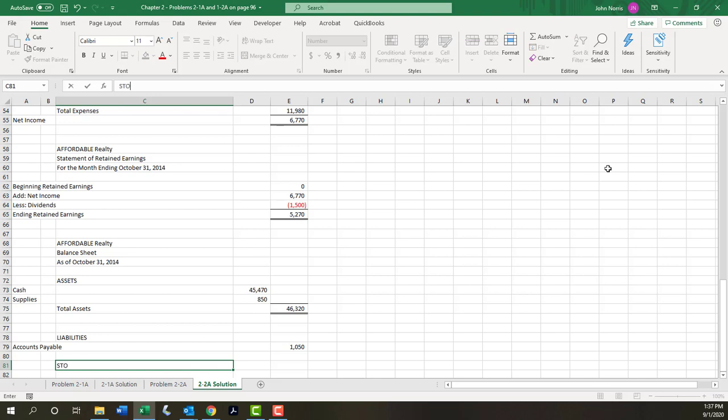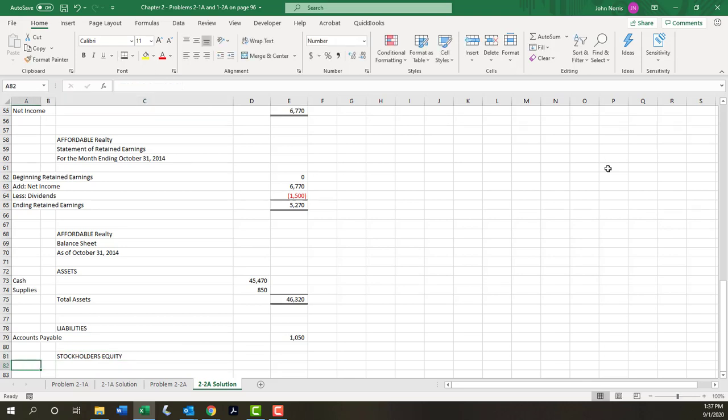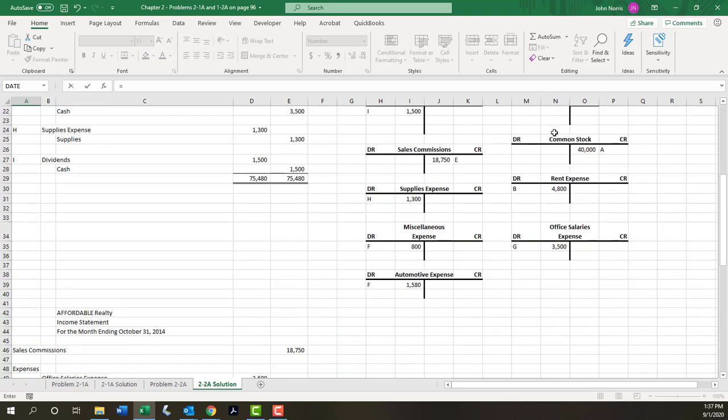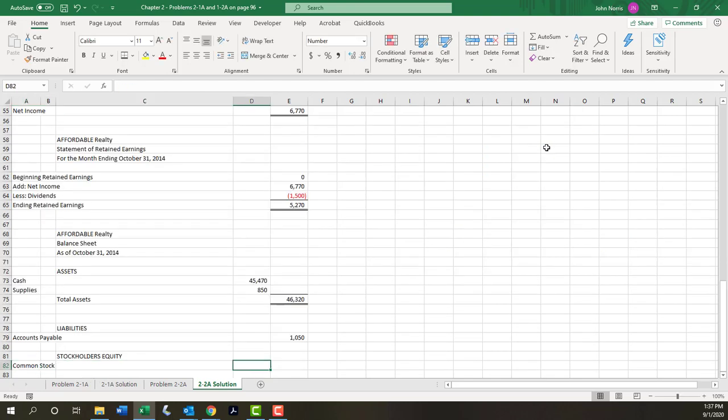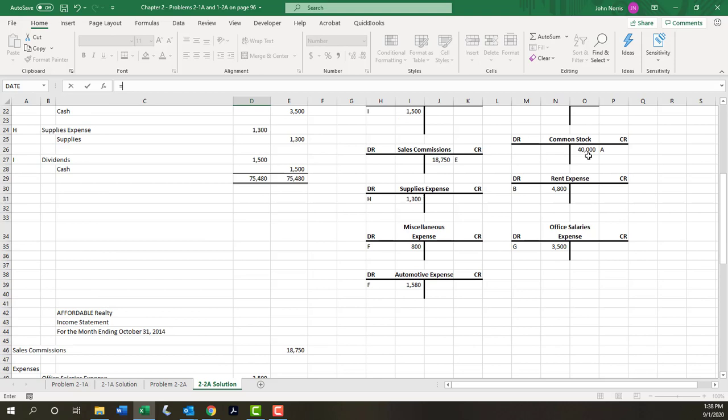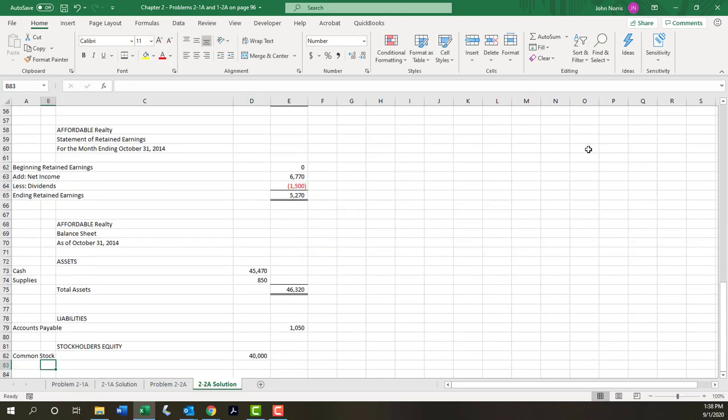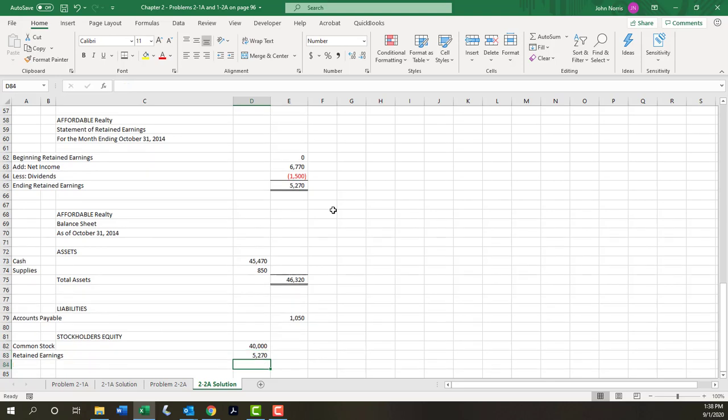Stockholders' equity equals the common stock of $40,000 and retained earnings which is calculated above at 5,270 for total stockholders' equity.